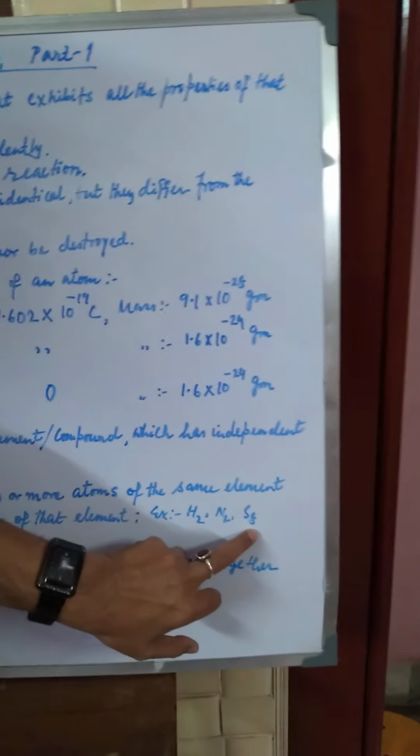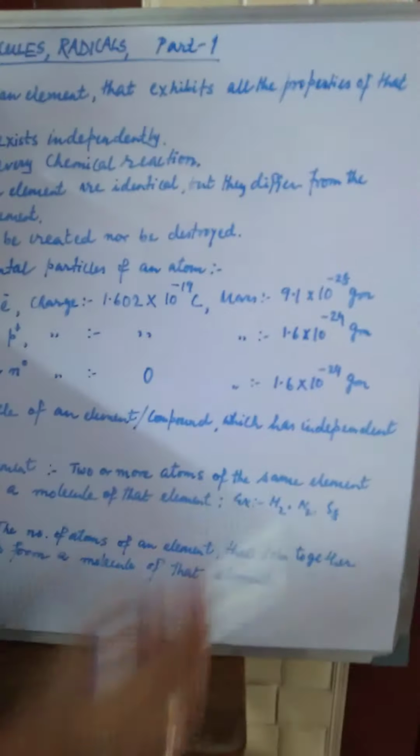If the number of atoms forming the molecule of an element is more than 2, we can say it is polyatomic. So sulfur is an example of polyatomic, and ozone is also polyatomic, specifically triatomic. Hydrogen and nitrogen are diatomic. Sodium and iron are examples of monoatomic elements.